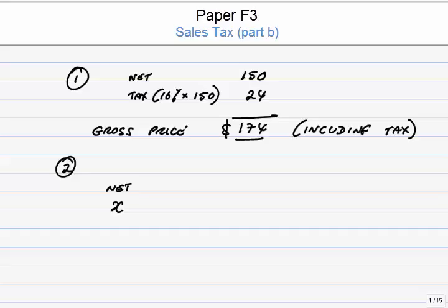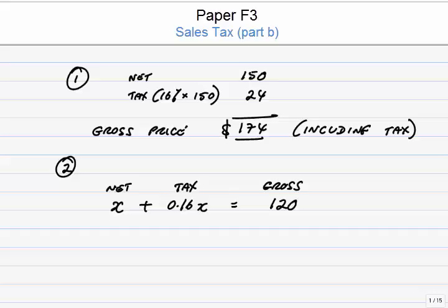Well, if that's the net price, we've got to add on tax at 16%. And so surely the sales tax they'd add on would be 16%, 16 hundredths, so 0.16 times X. That would give us the gross price, and here we know the gross price is 120.